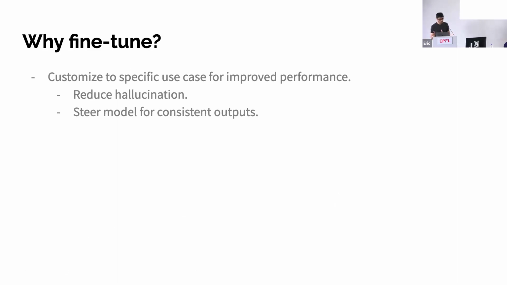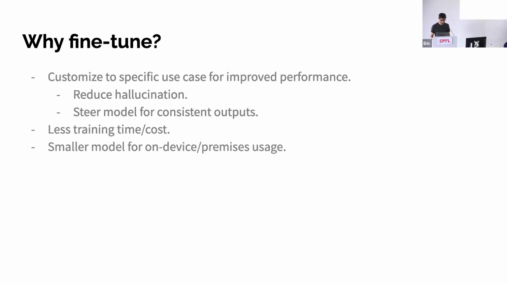You can steer the model for more consistent outputs. For example, if you've tried ChatGPT, you can see sometimes it gives really long responses, and maybe you want a more consistent, snappy output. Instead of having to train a model from scratch, this can use up less time and cost to train, given you have a proper dataset.